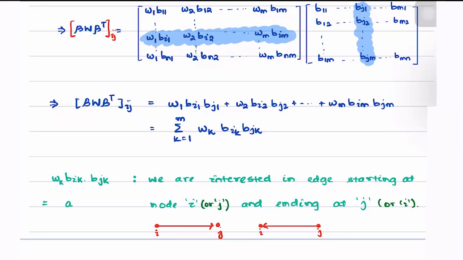We can write it as AIJ, suppose, times 1 and minus 1, meaning this is equal to minus AIJ. That is exactly what it is equal to.